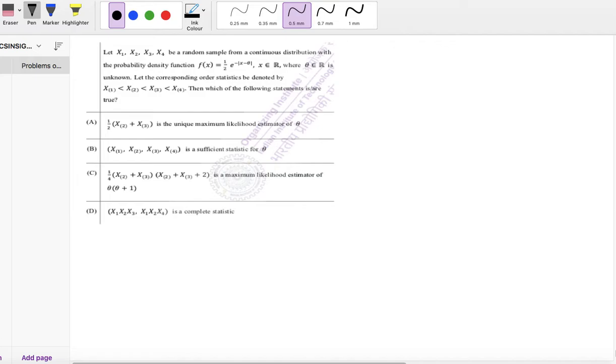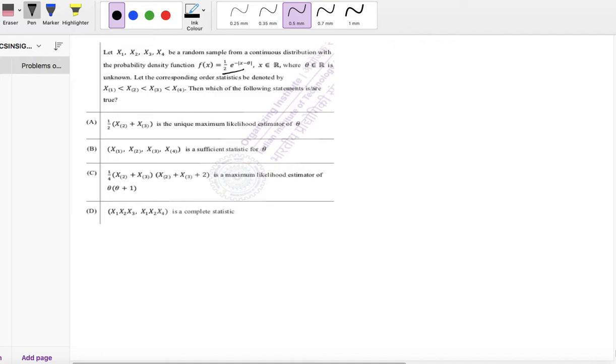This is the tricky problem. Tricky, and also it is a tough problem. So let's do it. This is the PDF of the double exponential, right? And we have to check if these options are correct. Multiple options may be correct.